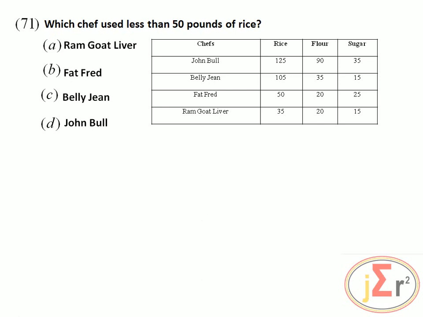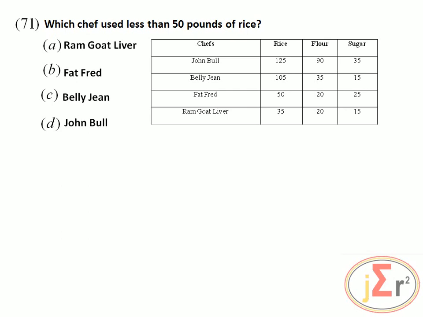If we look in the table, we will see the name of the chefs and the products that they use. Also, we will see the amount of products that they use. And all the amounts that we have there are given in pounds. So our first problem is, which chef used less than 50 pounds of rice?